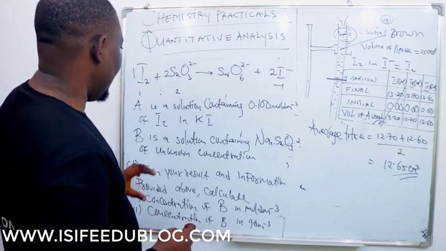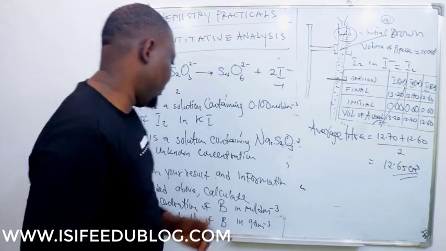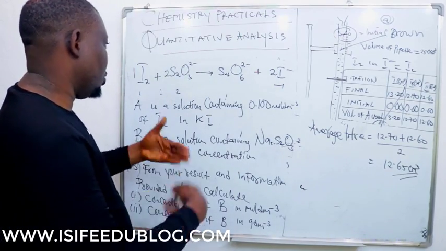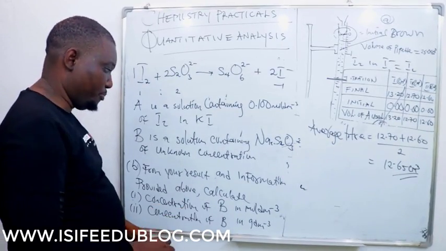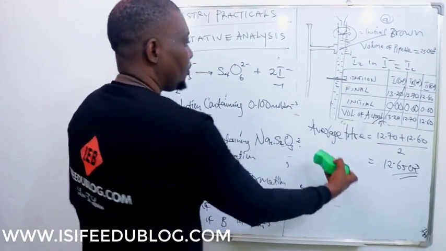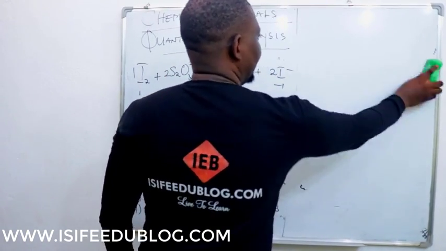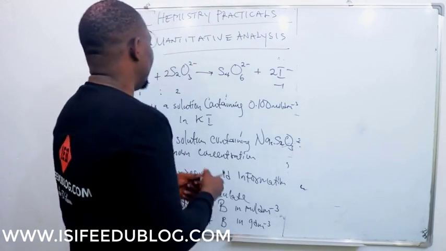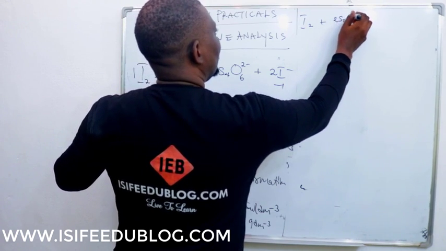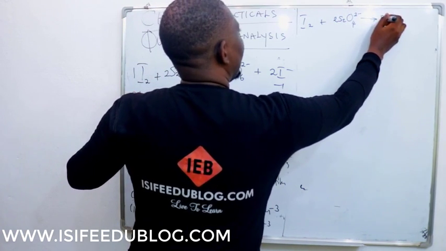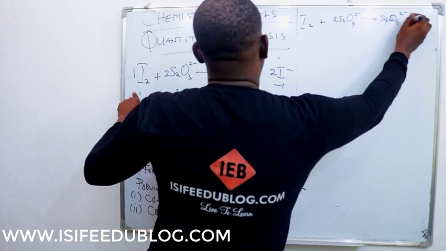Okay, then that has answered question number A. And question number B is going to be from the information I have now and the information you provided. Let's see how we're going to calculate the concentration of B in mole per dm³. Please, from the reaction, I will state this equation again: I2 plus 2S2O3 2- gives S4O6 2- plus 2I-.